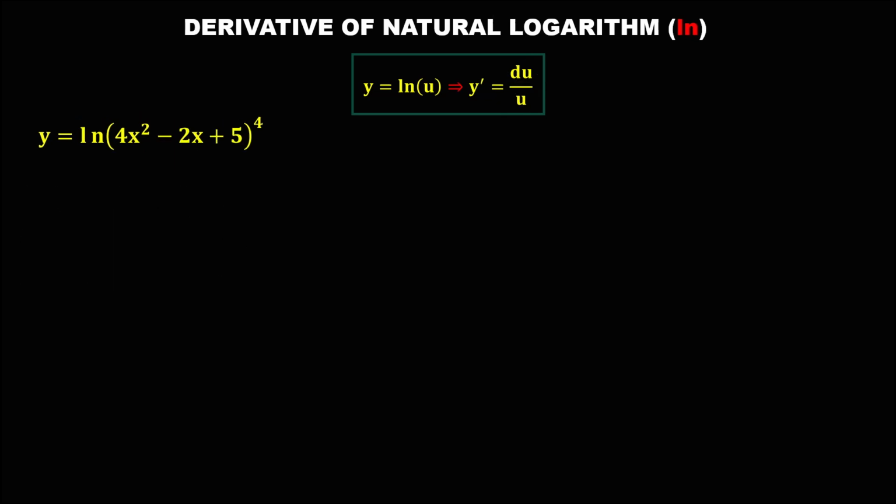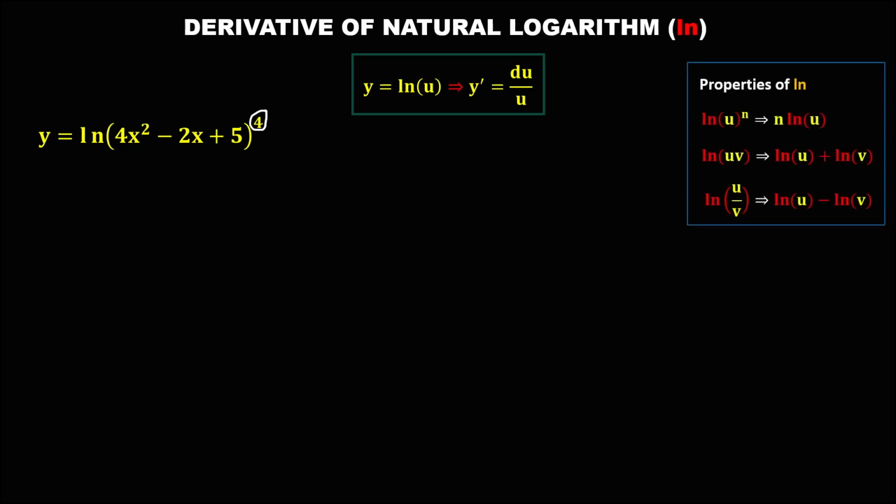Then for this given, observe that there is an exponent outside. So in this case, we can evaluate the derivative using the different properties of logarithm. So we have the power property, the product property, and the quotient property. Observe that in the power property, we can put this exponent before ln.